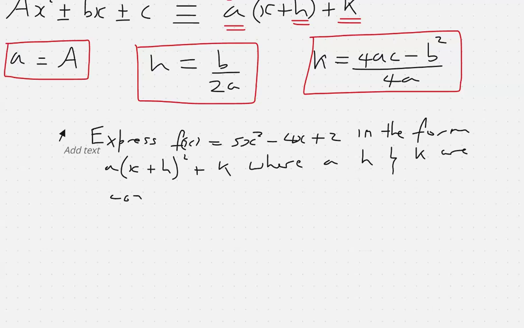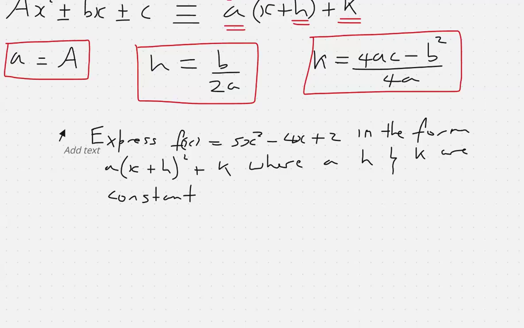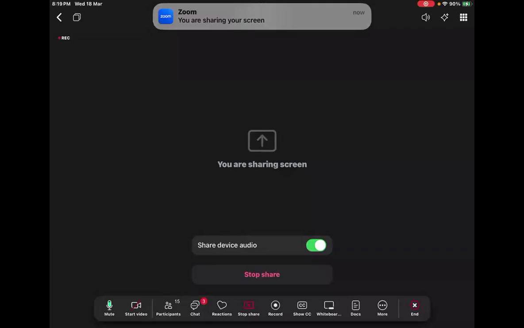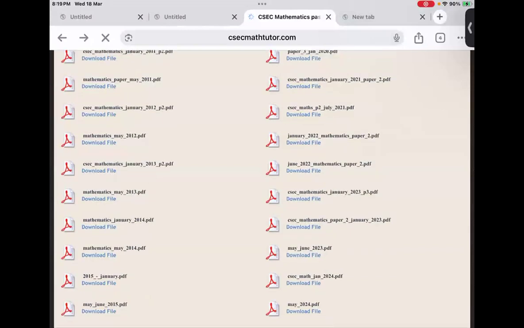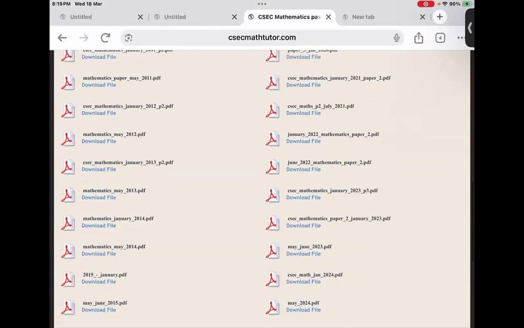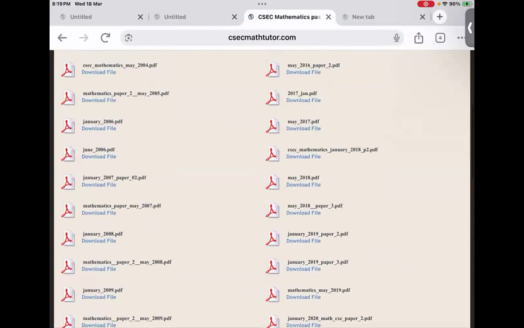I want to show you what it looks like on the paper, because maybe you guys have never seen it before. Look at the screen. Express f of x in the form where a, h, and k are constants. All right, scroll up. Okay, must be May, June.